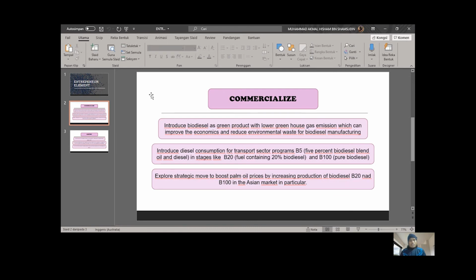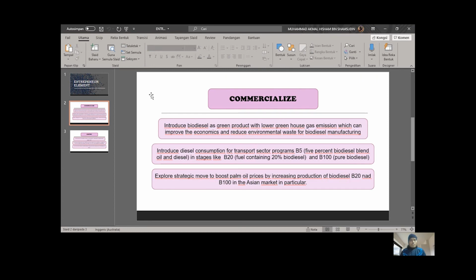Moreover, introduce diesel consumption for the transport sector, program B5, which is a 5% biodiesel blend of oil and diesel, in stages like B20, fuel containing 20% of biodiesel, and B100, which consists of pure biodiesel.